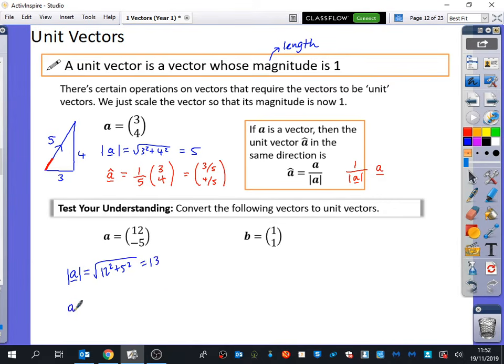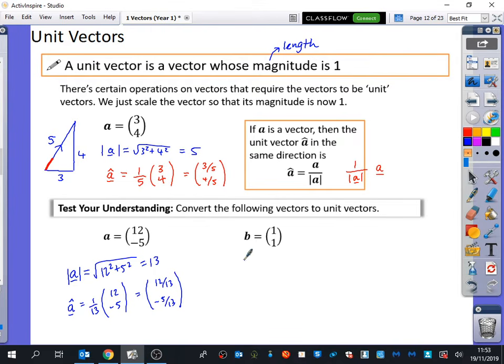So the unit vector will be the 12 and the minus 5. But what did you have to multiply it by? By 1 over 13. You can either leave it as this, or you can write it as 12 over 13, minus 5 over 13. Note that if you did Pythagoras to this, if you found the magnitude of this, you better get 1, because if you haven't got 1, something's gone wrong, okay?